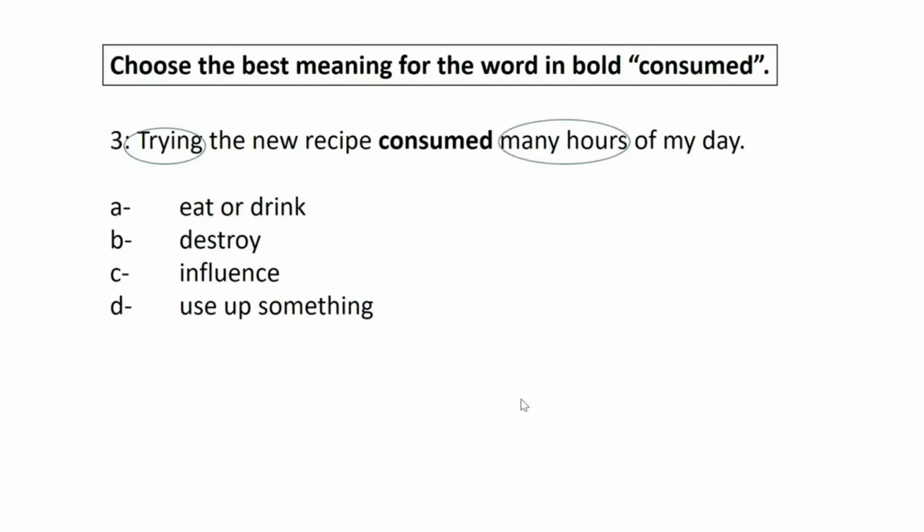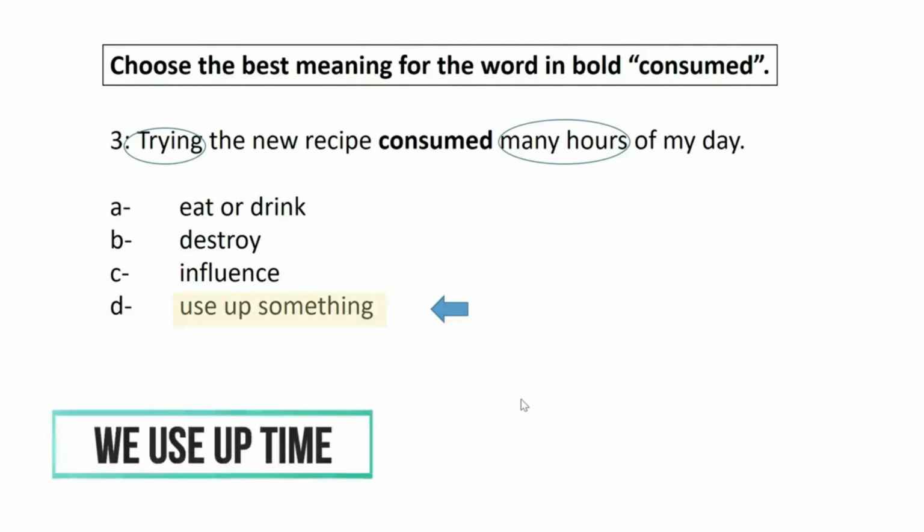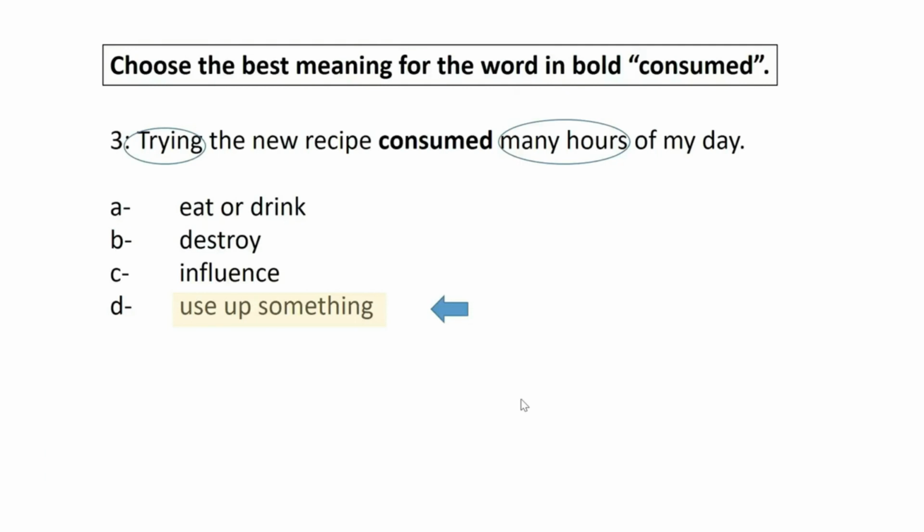So we have a choice, I think, from use up something and destroy. I believe the answer is either B or D. Of course, the answer is D, because many hours is to do with time, and we use up time. We do not really essentially destroy time. So the answer is D, use up something.